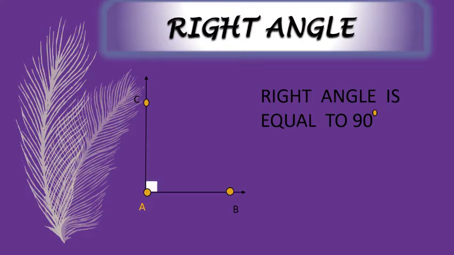This square shows that this angle is making an angle of 90 degrees. To name it, we can write angle BAC is equal to 90, but what? 90 degrees. You cannot leave out the degree. And another way you can write it, angle BAC is equal to what? 90 degrees, right? So in simple words, you can say a right angle is equal to 90 degrees. Let's move to the next slide.